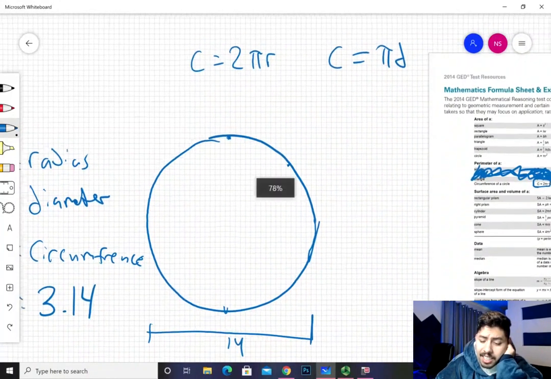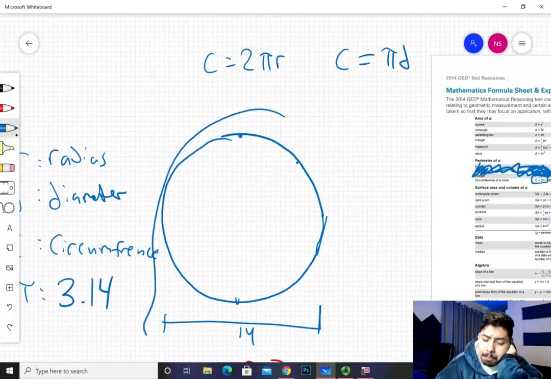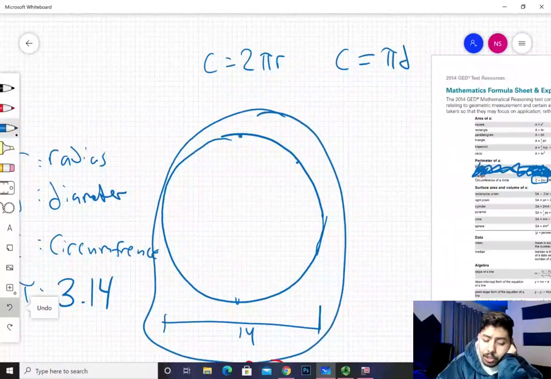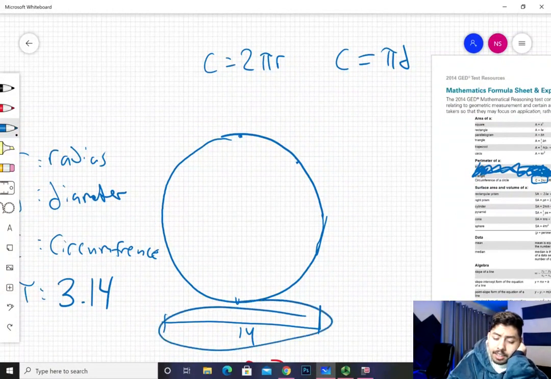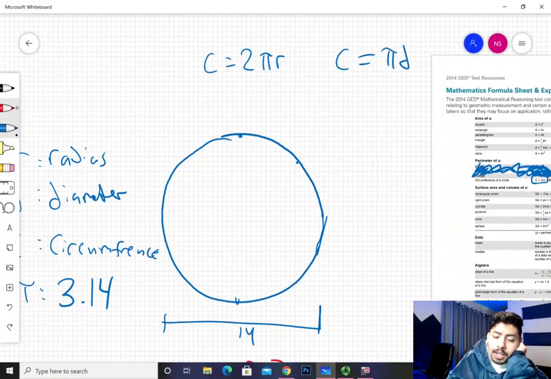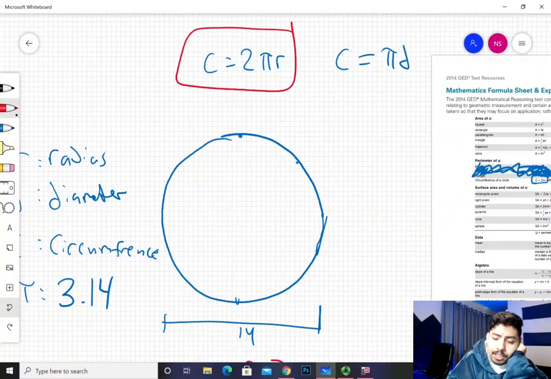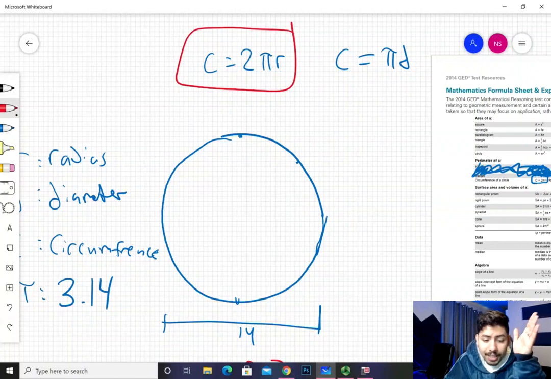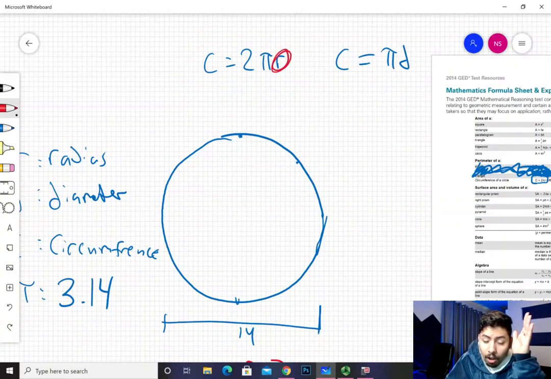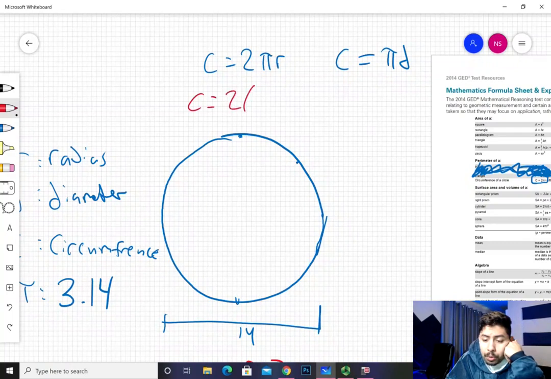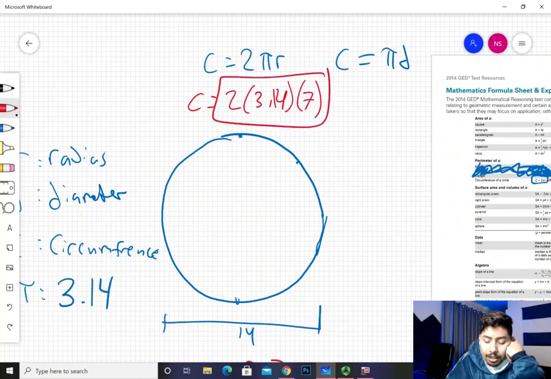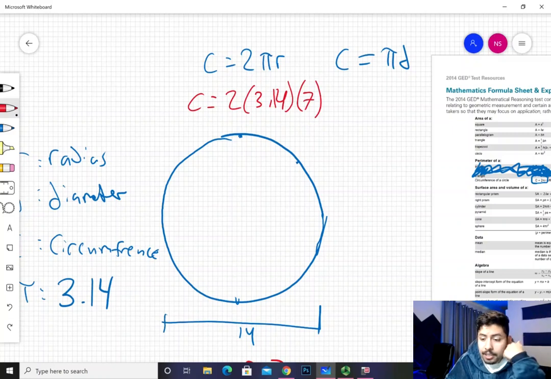It's just convenience. If they gave you a circle with the diameter like they did in this case, if you wanted to use this formula, you'd have to split the diameter to find your radius, which is what's needed because they gave us the r there, which you can do. You could do C equals 2 times 3.14 times the radius of 7, and then put that in the calculator, and you'll get your correct answer.